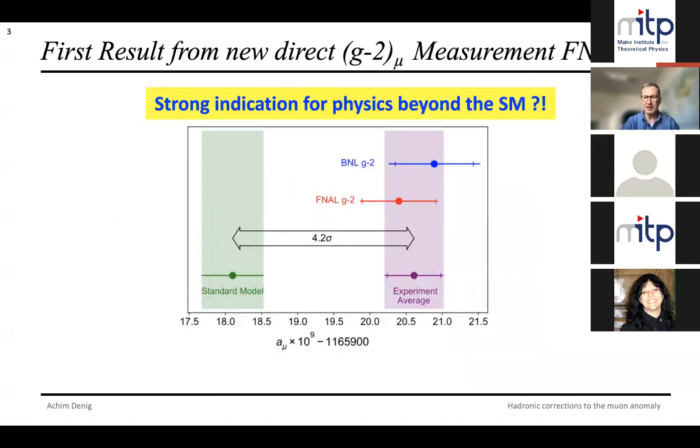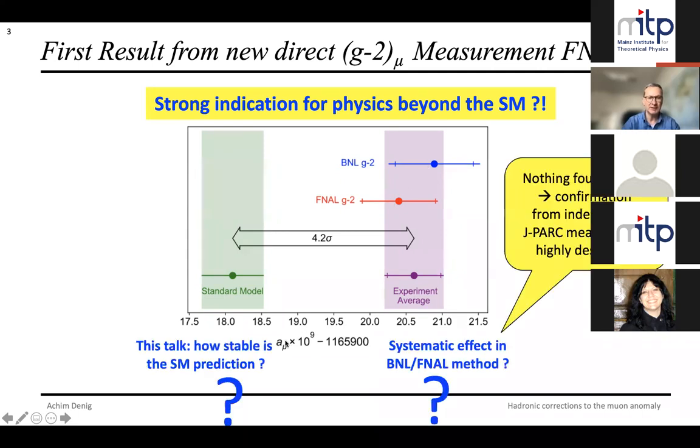To a big surprise, about a year ago, the Fermilab experiment did confirm Brookhaven. The Brookhaven value is shown here, the experimental value with the uncertainty here on the right and the standard model prediction here on the left. And combining the Fermilab experiment with Brookhaven gives a deviation at the level of 4.2 sigma.